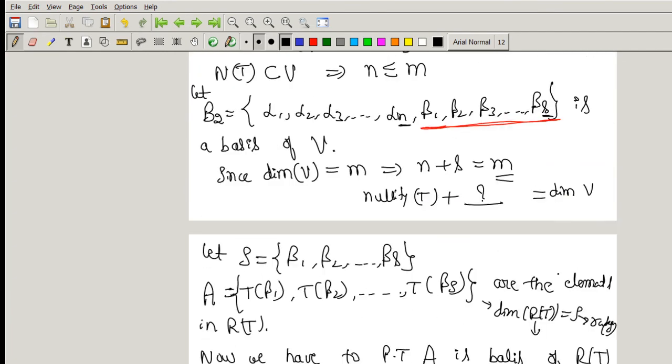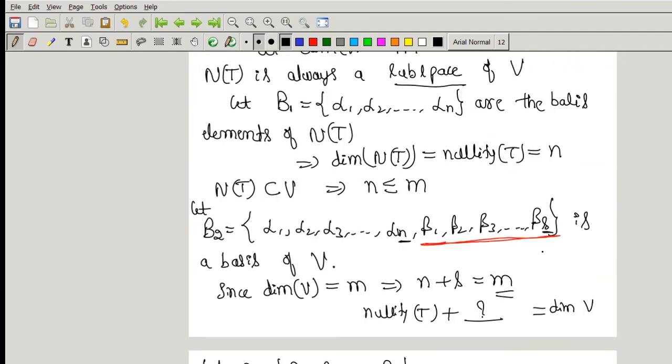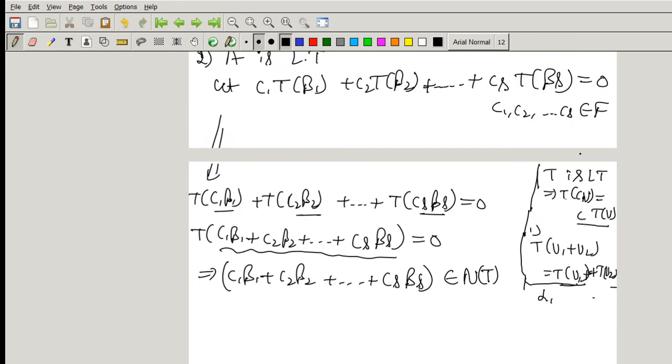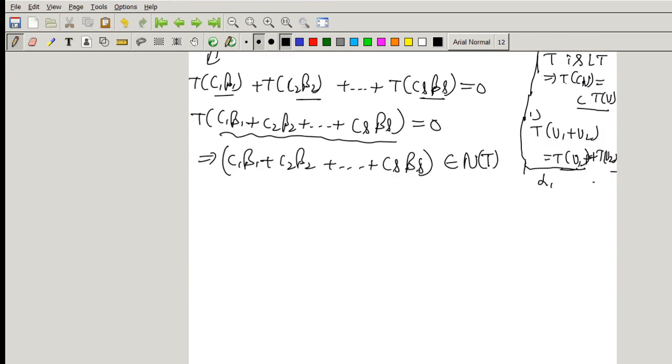The basis elements of N(T) look like α1, α2, and so on up to αn. So α1, α2, up to αn are basis elements in N(T).